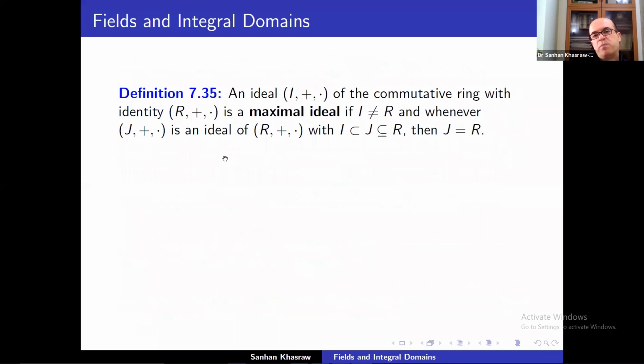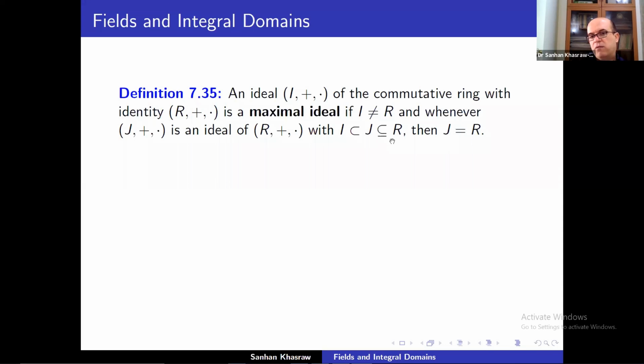Here I want to talk about a special type of ideal. In terms of inclusion, an ideal is called maximal. In this definition, our ring is commutative with identity. The ideal I is called maximal if, first, I is a proper subset, not equal to R. And second, if there is any other ideal between I and R in terms of inclusion, then this ideal should be the ring itself.